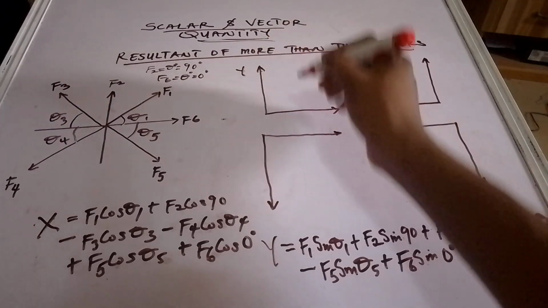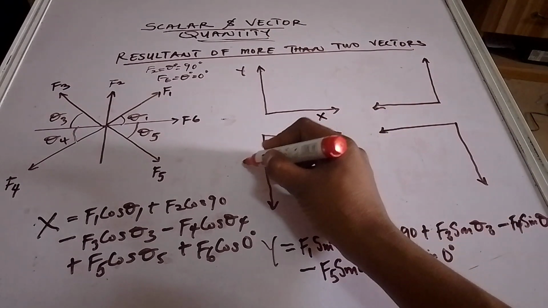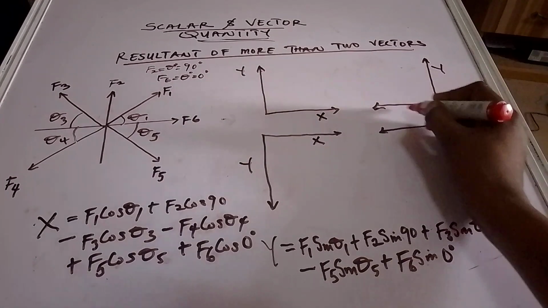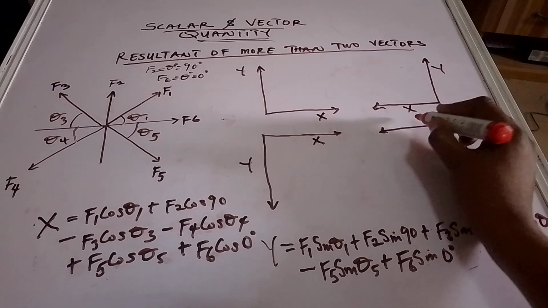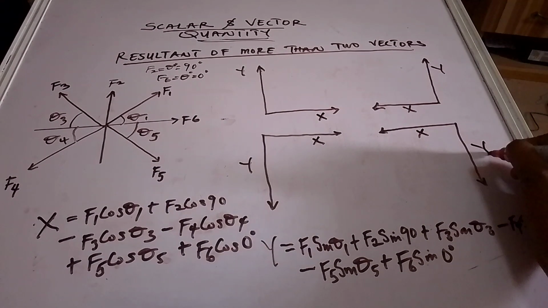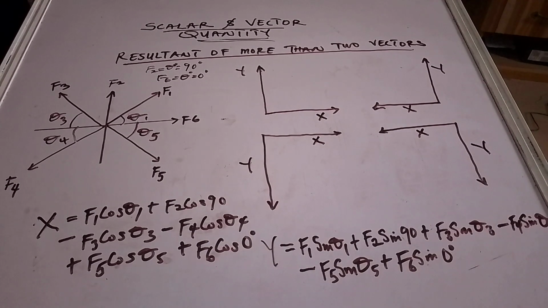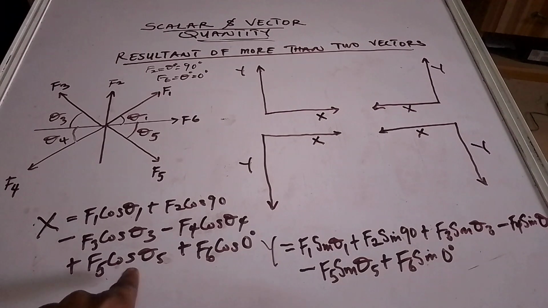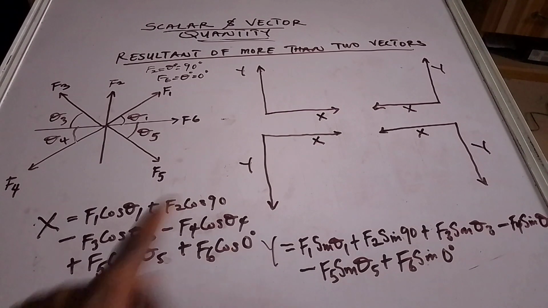So remember, this is the y, this is the x-axis, this is the y value, this is the x value. What's going to happen is that we have four cases: 1, 2, 3, 4. Let me start from the y.